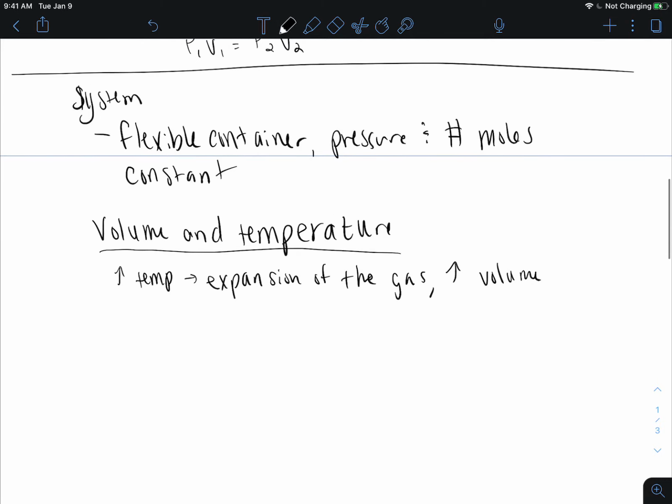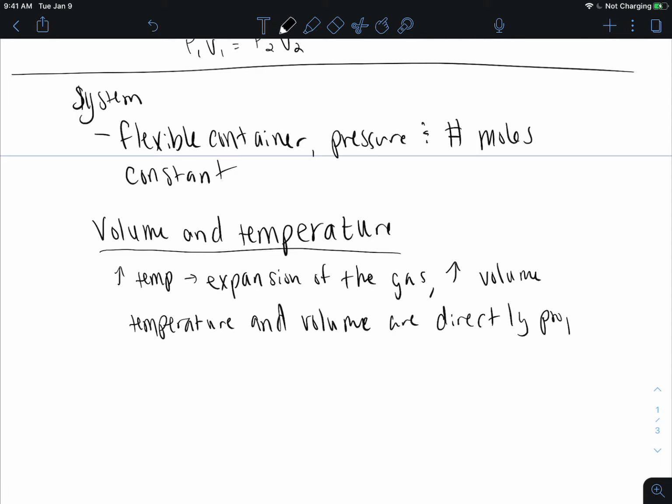So we'd say that temperature and volume are directly proportional. So as you increase temperature, you increase volume.